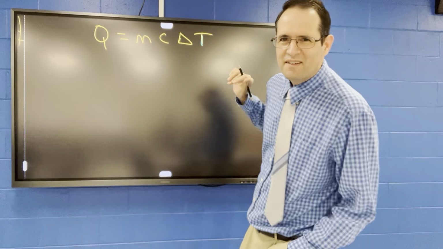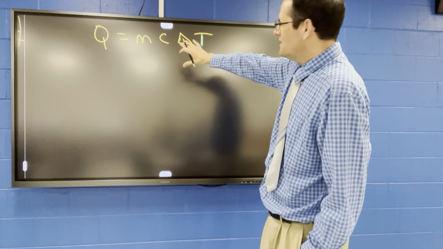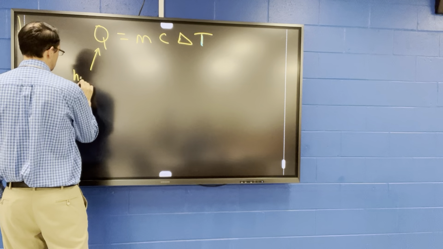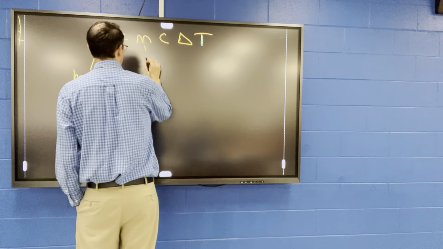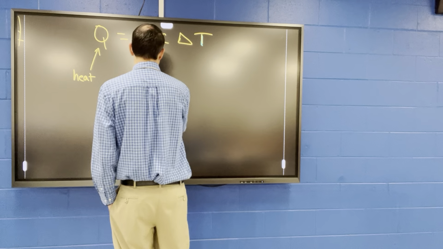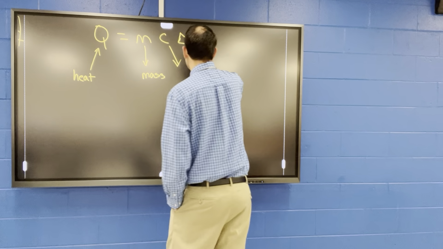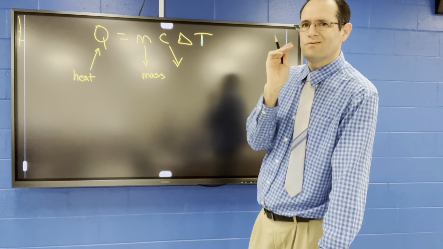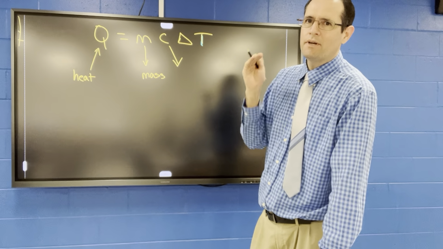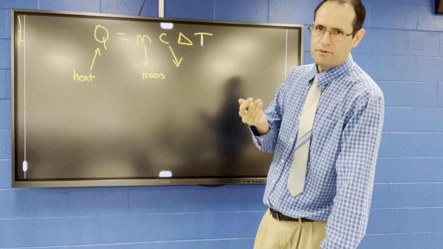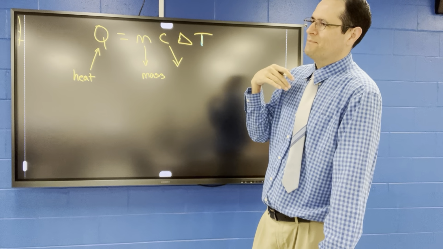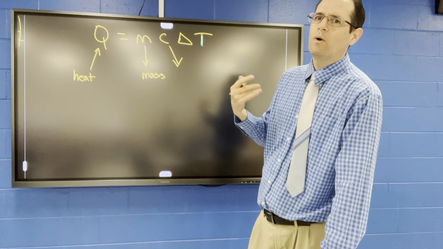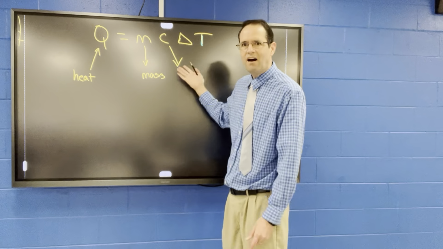So some people call this the MCAT equation. Now let me tell you what it is. This is heat or energy. This is mass. C is a constant. Now for water, the constant is 1. There's 1 calorie, which is equal to 1 gram of water raised by 1 degree Celsius.